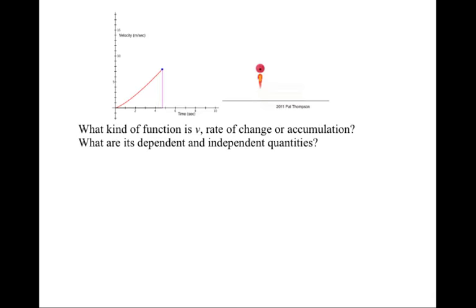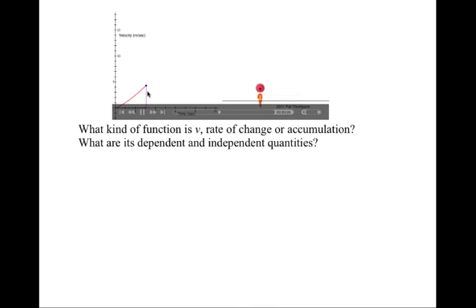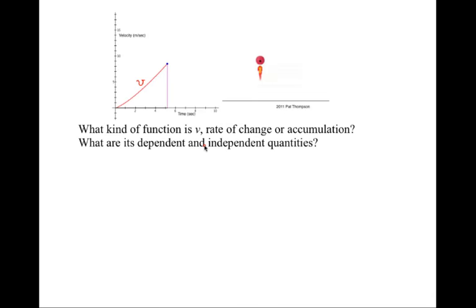So first question is, this function over here has the name v. That's the function v. What I want you to think about, don't blurt it out, everyone think about it: what kind of function is v?